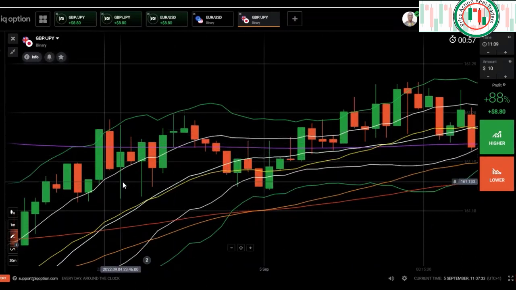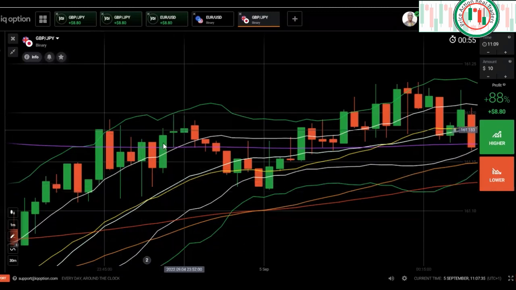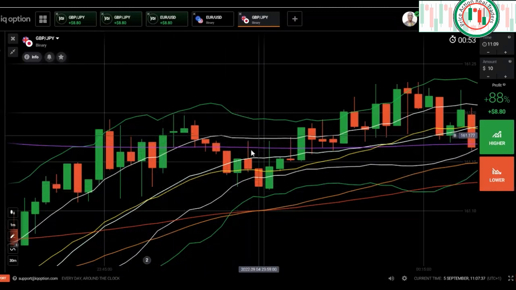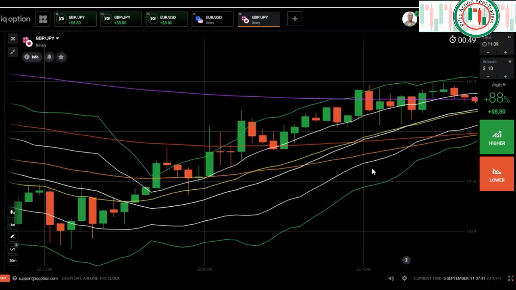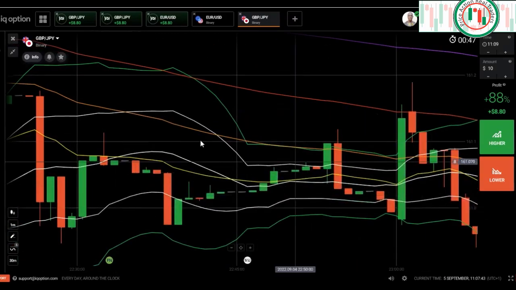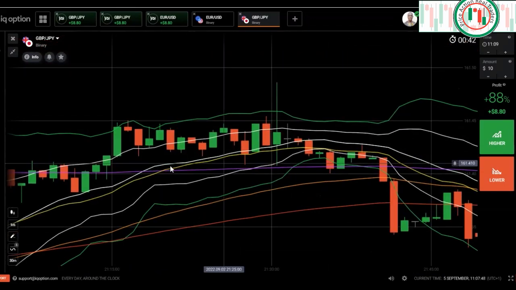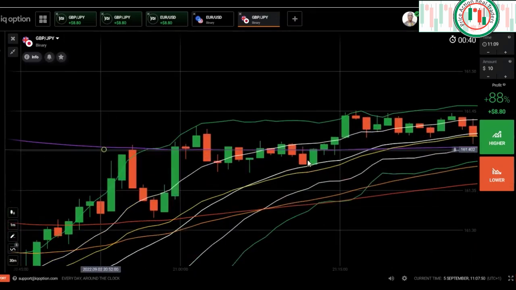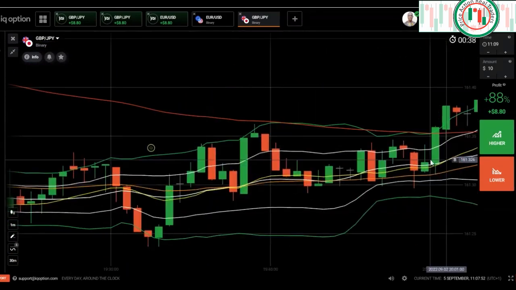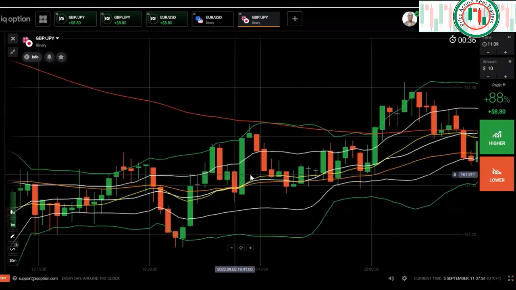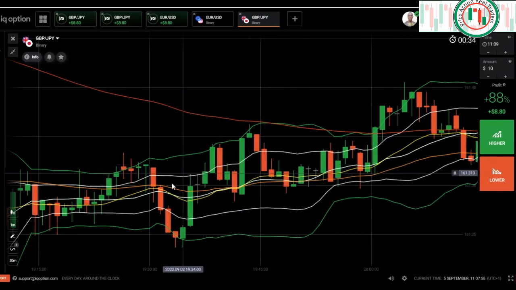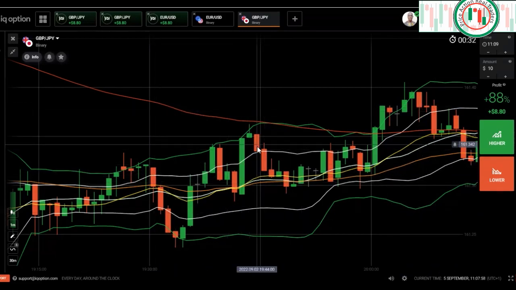But anytime you see wicks, don't place your trade there, because it will work but it may give you a bad entry point. So try to get where there are not too many wicks. Try to get where you can have a good trend. You see, like here, the market from here to here is healthy.